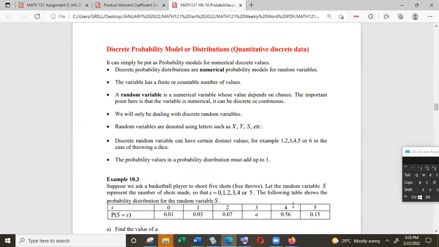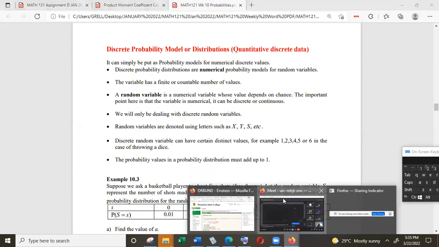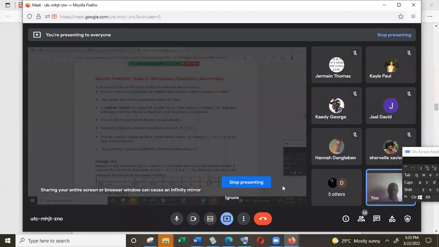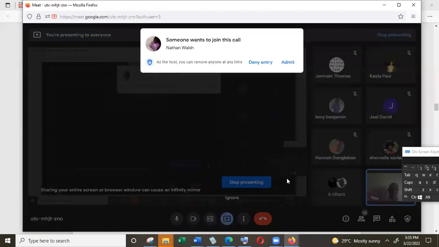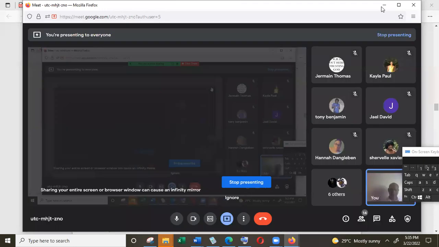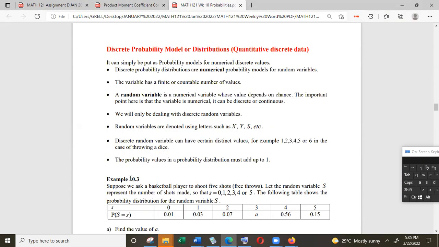here it is, the discrete probability distribution. Let's see what we can use to help us find the value of B. It reads, discrete probability model or distributions, quantitative discrete data.